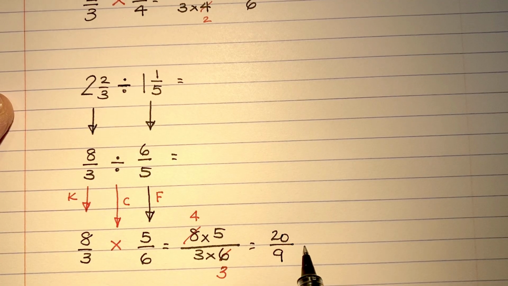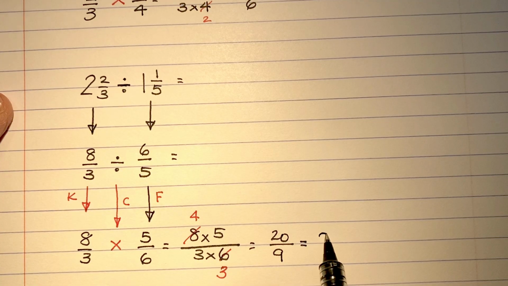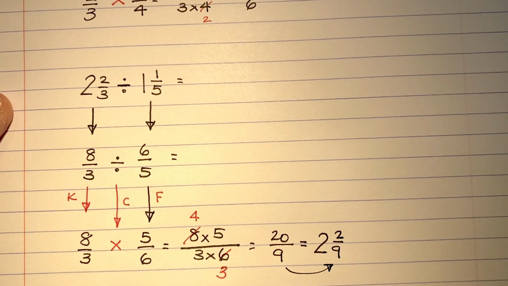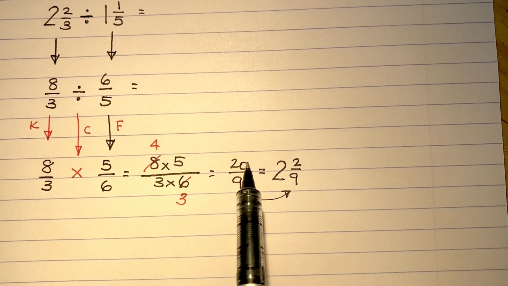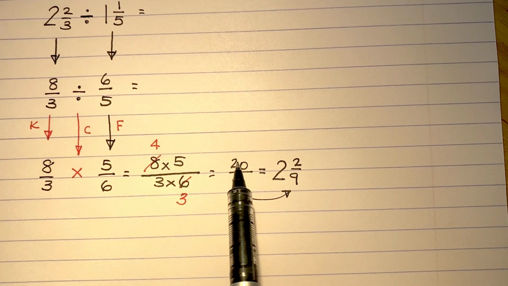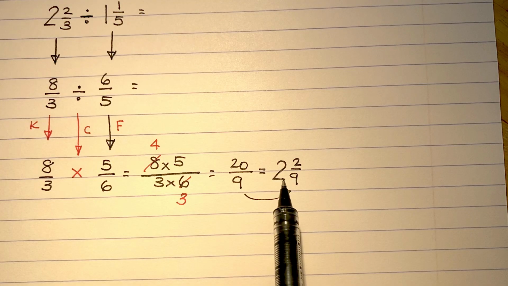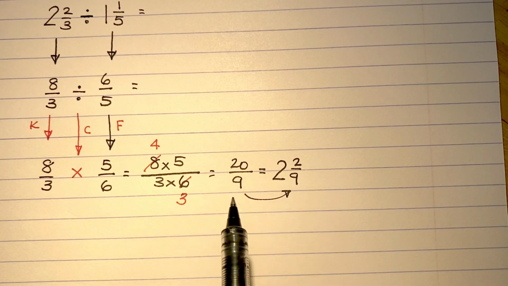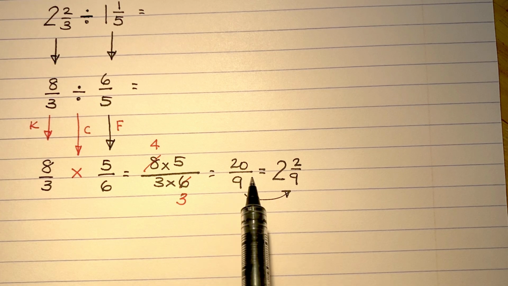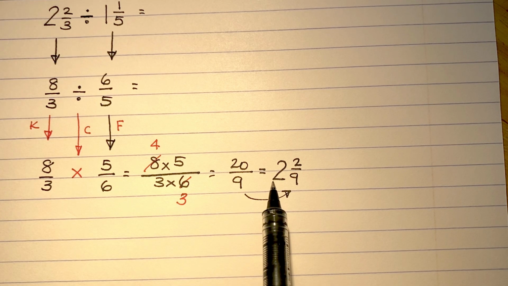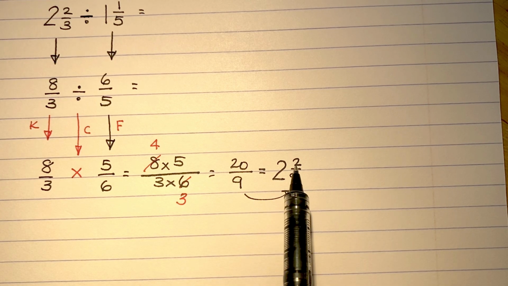Nice, top heavy. 9 into 20 goes twice. 2 nines are 18. Remainder 2, same bottom number. If you remember, we changed an improper fraction to a mixed number by asking how many 9s fit into 20. 9 into 20 goes twice. 2 lots of 9 is 18, so we've got 2 left.